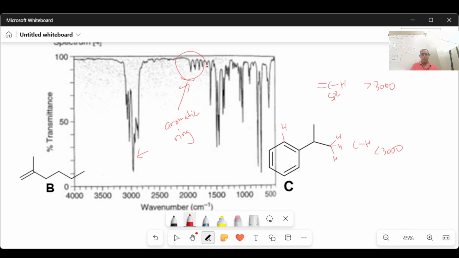Those are very small peaks, but they have a specific pattern for a benzene ring, and they are situated starting from almost 1600 to 1800 or up to 2000. But they are very small, and also they have a pattern. That pattern depends on the substitution of the aromatic ring. For a mono-substituted aromatic ring, you would see something like this. That's what you see here. So this compound spectra is C.